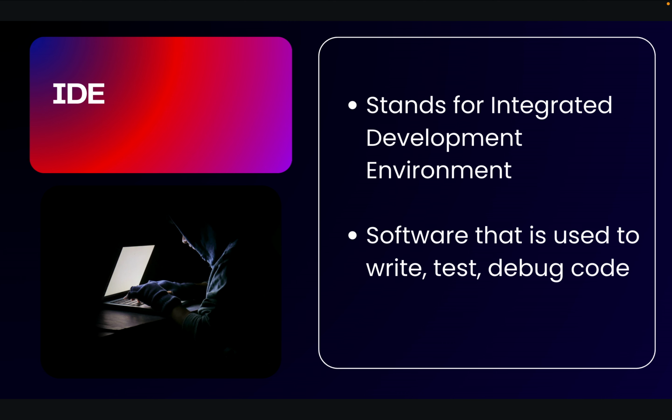So, obviously, I just mentioned that you need to write your code, and there are going to be environments that are needed to write your code, and these environments are what we call IDEs, which stands for Integrated Development Environments. So this is the software we will be using to write, test, and fix or debug our code.